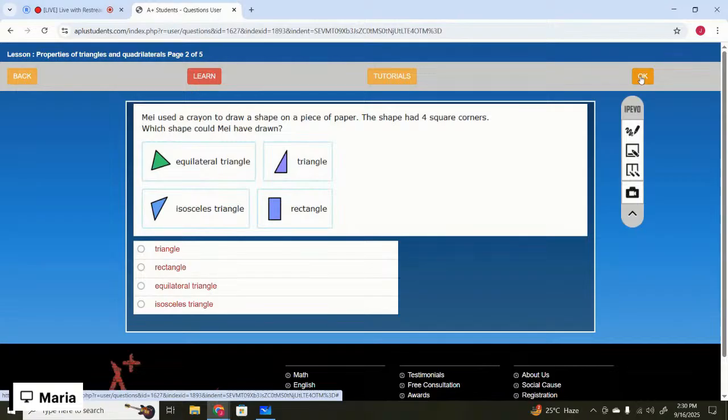May used a crayon to draw a shape on the piece of paper. The shape had four corners. Which shape could May have drawn? So, which is the correct option?